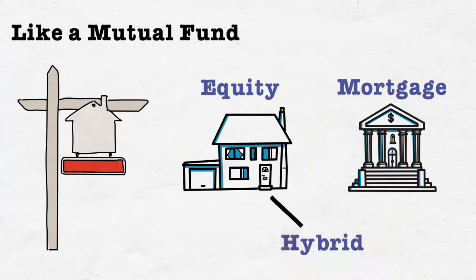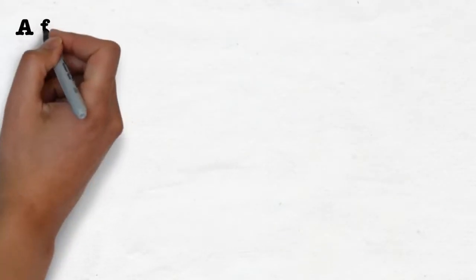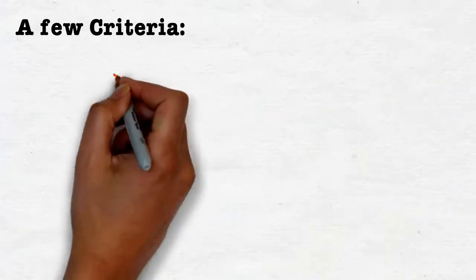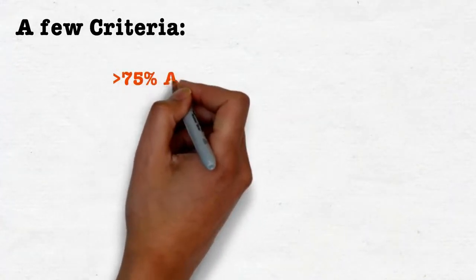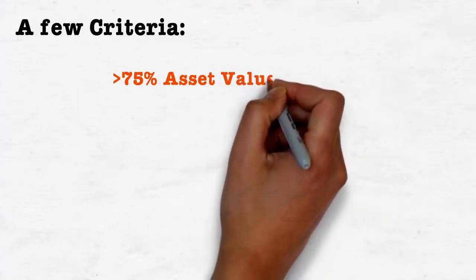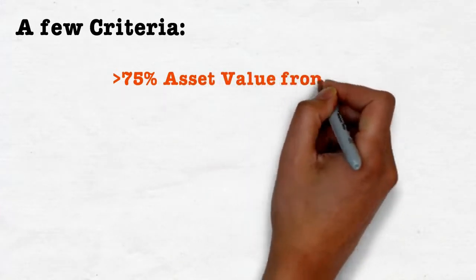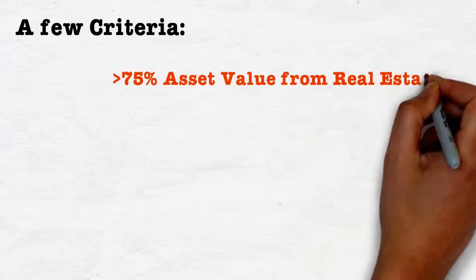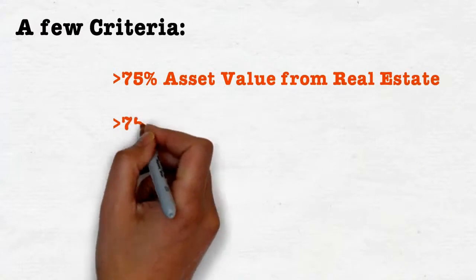Now, what makes a REIT a REIT? There are certain criteria it has to meet in order to be called a real estate investment trust. I'm not going to go into all of them, but the most important ones are that it needs to have at least 75% of its asset value coming from real estate.